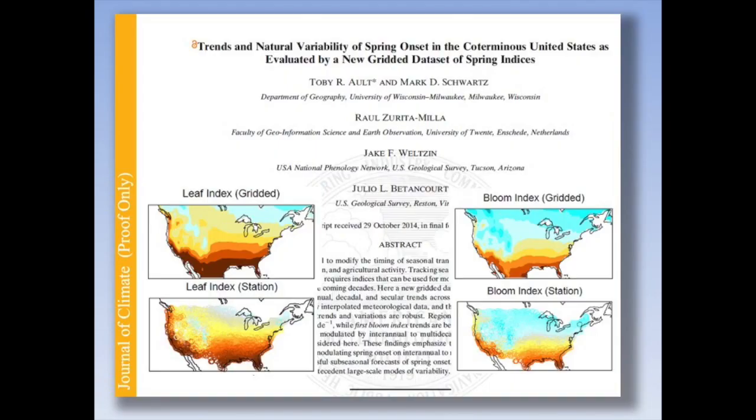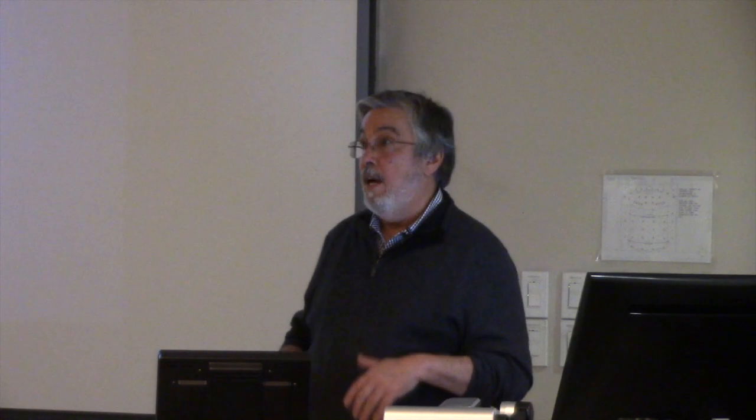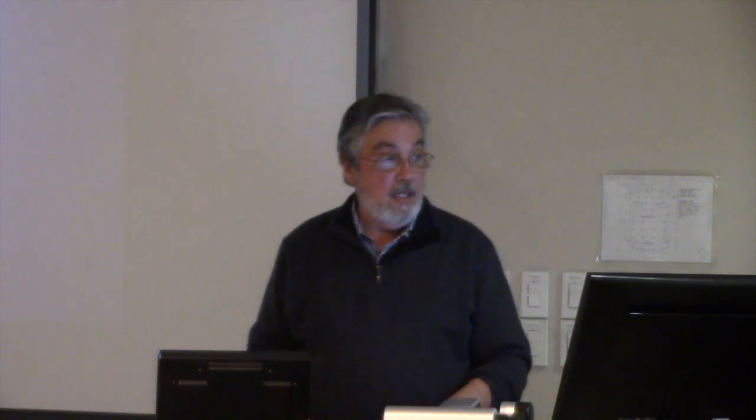On the left is a contour of the first leaf index, which is the gridded product, and then the bottom is actually using the station data, and it's pretty much the same pattern. And the same thing goes for the bloom index. And you can start looking at parts of the country in time and space.